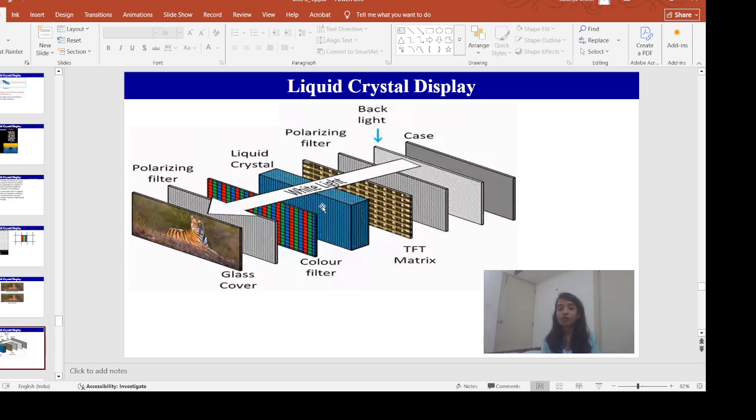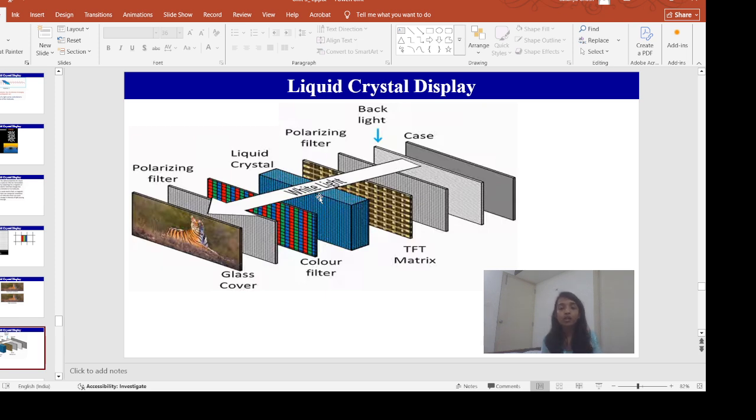Then it falls on the liquid crystal thin film, which, let's consider, is sandwiched between two electrodes. One is a positive electrode, one is a negative electrode, and these are glass electrodes. We can make these electrodes conductive by having a coating of ITO or indium tin oxide.